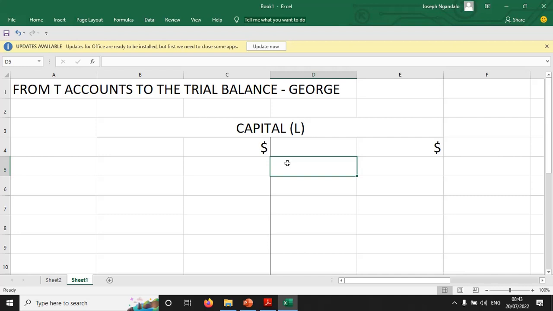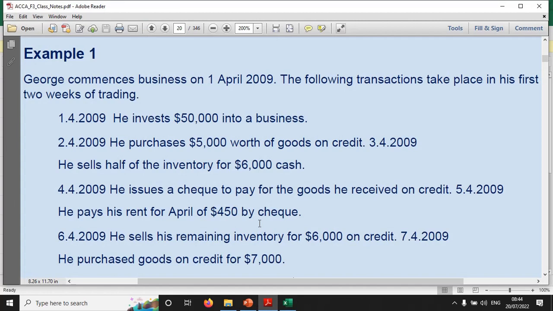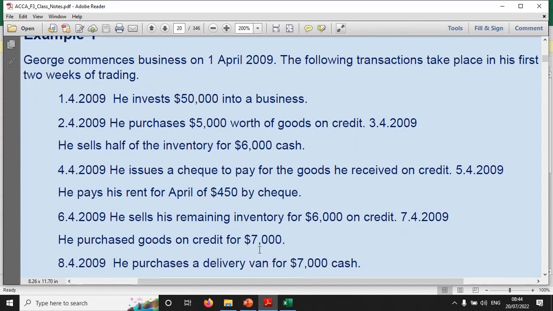How much did he bring in? So if he brings in capital 50,000, what do we call that? Cash or bank? Is he going to keep all the money? Question. And I think it's very important to look at what he was doing. I think you can see here that he was paying some money out of the bank, like this one.